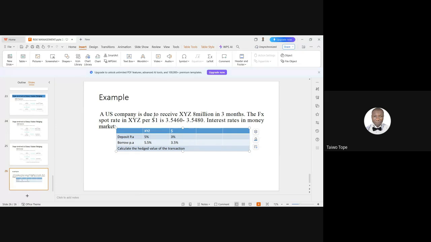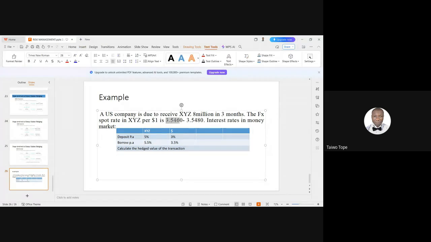What is the interpretation of these two values? It is the buying and selling rates of the bank.